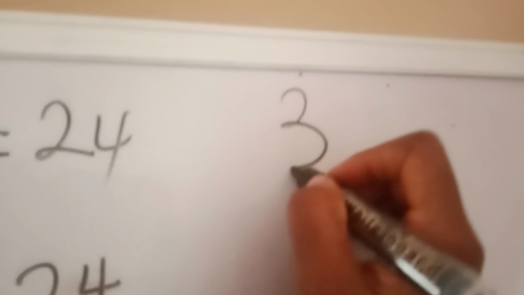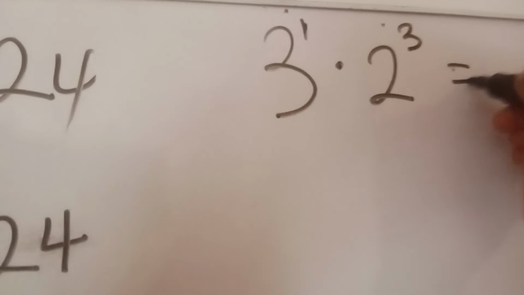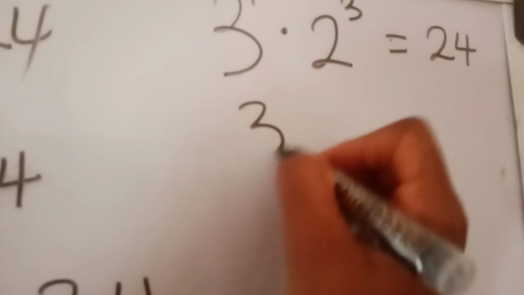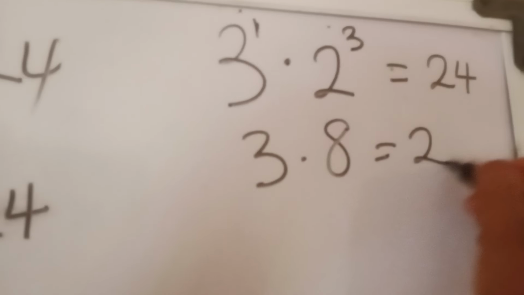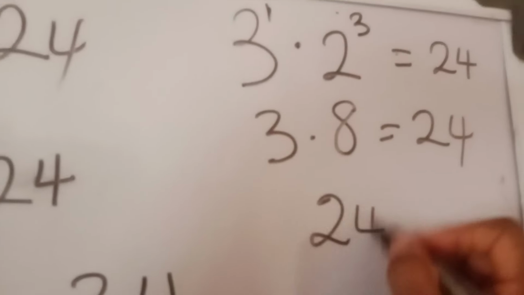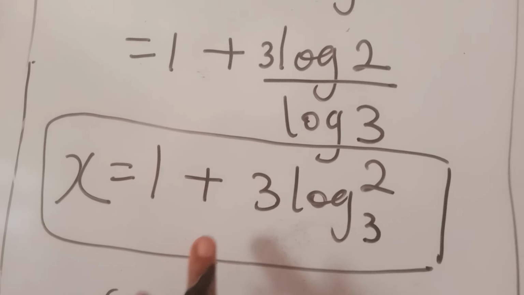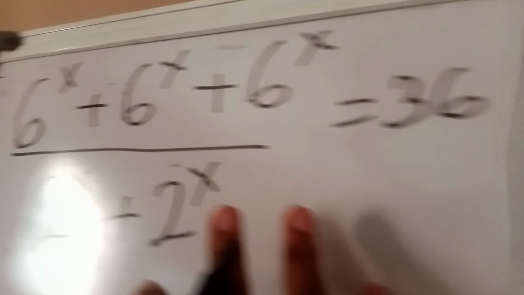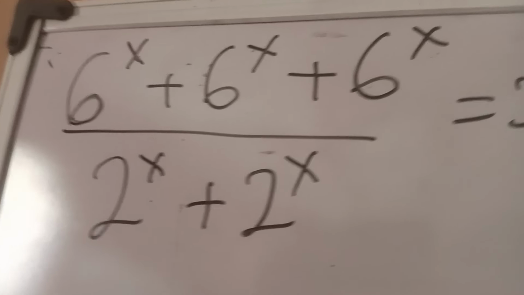So we have 3 to the power 1 dot 2 to the power of 3 equals 24. And you know 3 to the power 1 is 3, 2 to the power 3 is 8, and 3 times 8 will give us 24. So this means that the value for x satisfies this beautiful Olympiad equation.